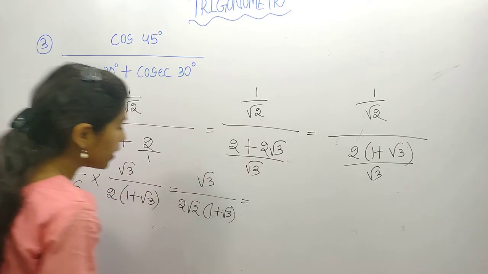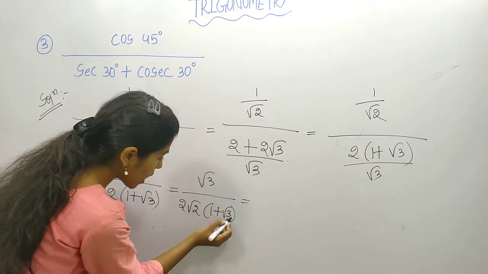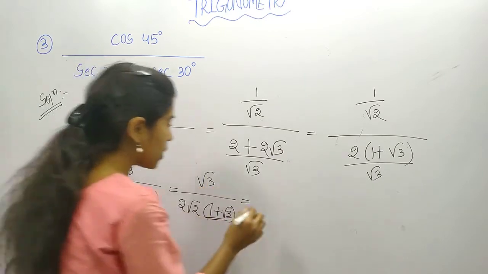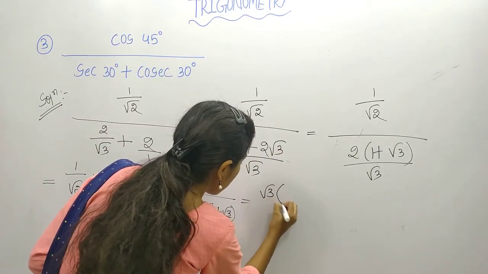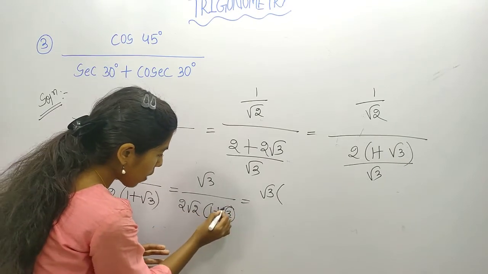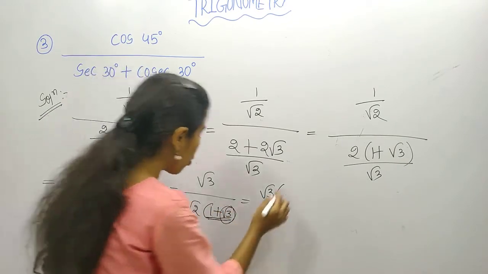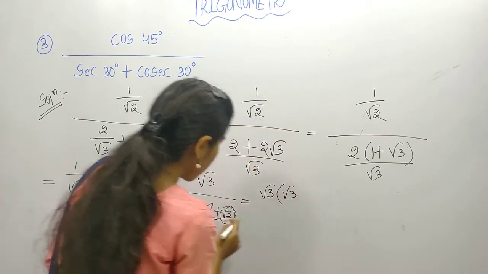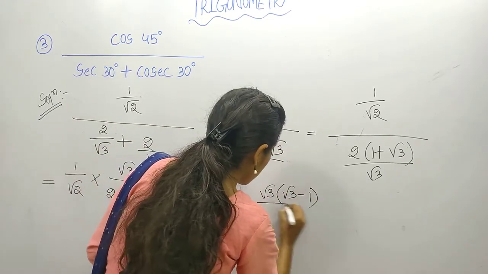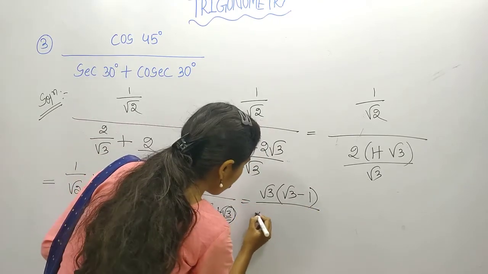So how will we simplify this? Here you see 1 plus root 3 is there. So we will multiply by the same with the sign changed. First you have to write the imaginary part, that means the root part. Root 3, we have to change this sign. Here plus is there, so here minus 1 divided by 2 root 2.